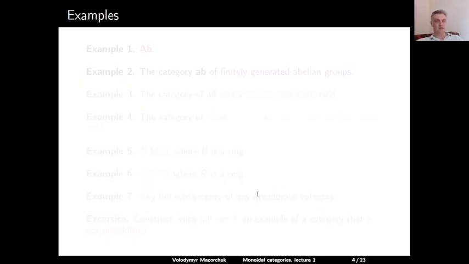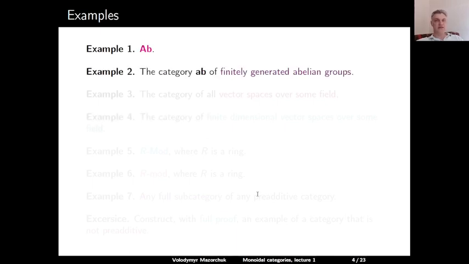Here are some examples of preadditive categories. The category of all abelian groups is a preadditive category. Similarly, its subcategory of all finitely generated abelian groups is a preadditive category. This is usually denoted by ab with little a.